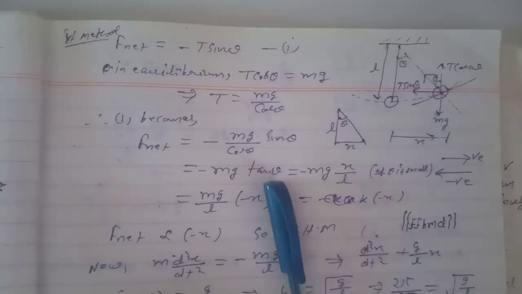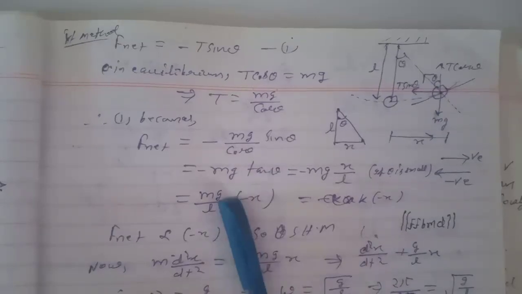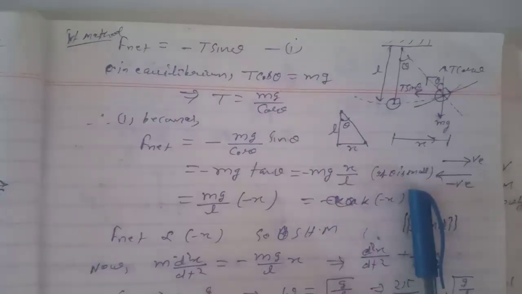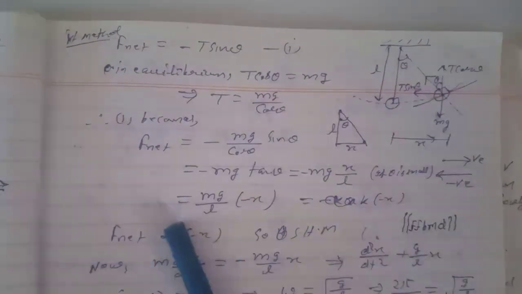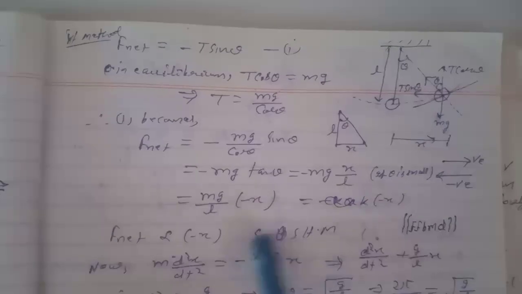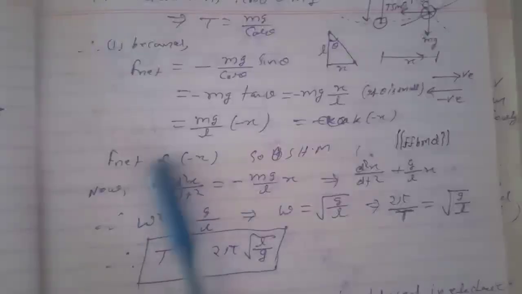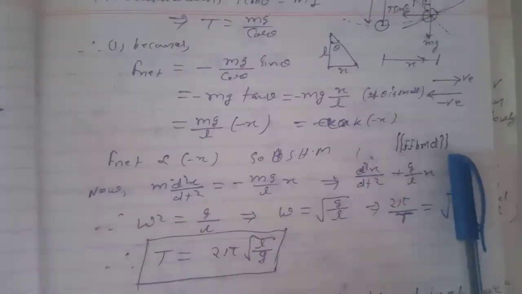Or minus mg into x by L if theta is very small, equals mg by L into minus x, or k into minus x. So F net is proportional to minus x, so SHM.